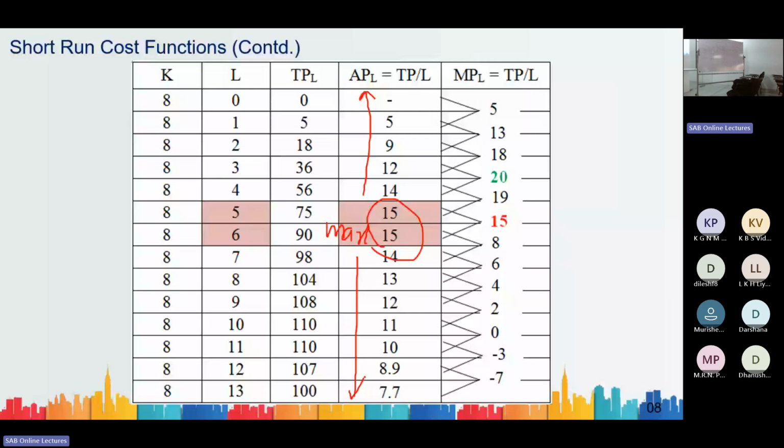Marginal product is also increasing initially, and it reaches the maximum. Afterward, it declines.